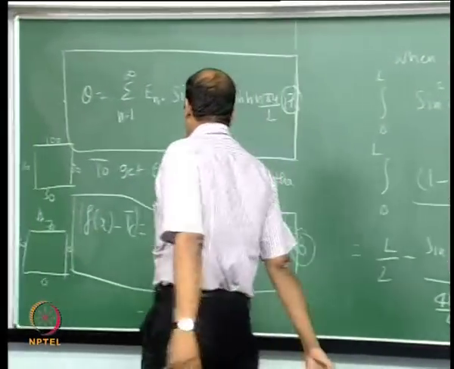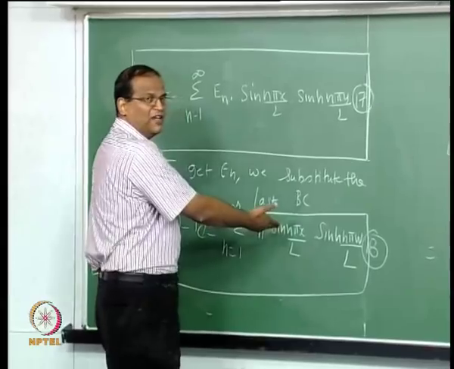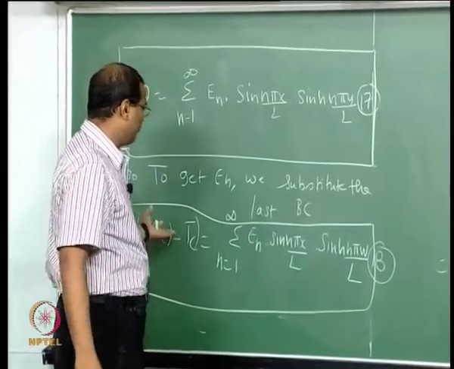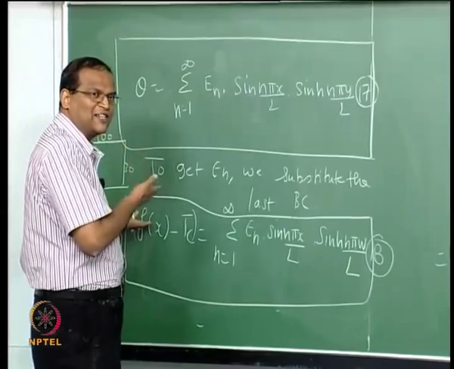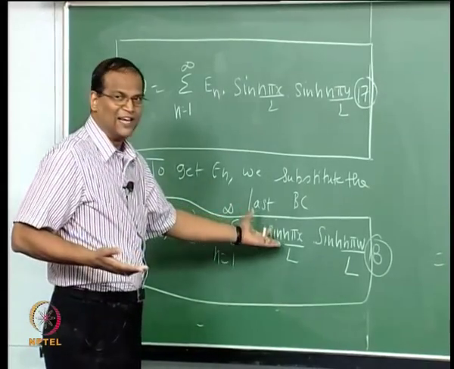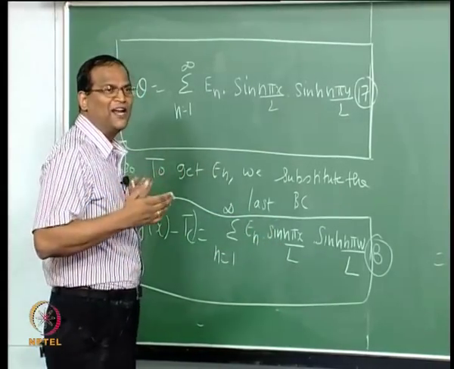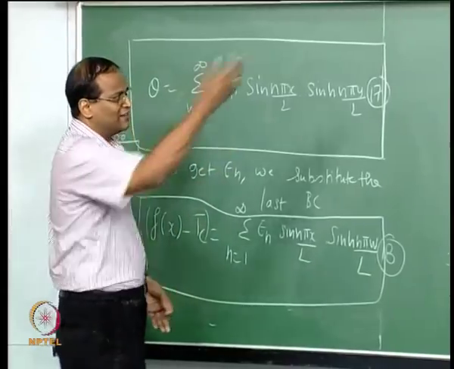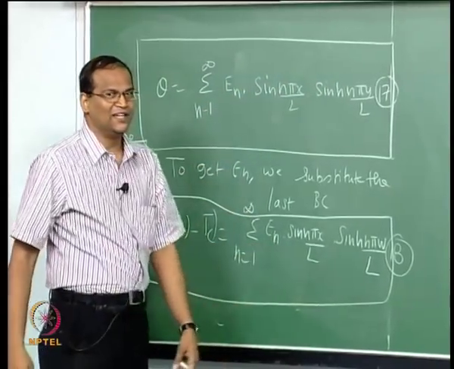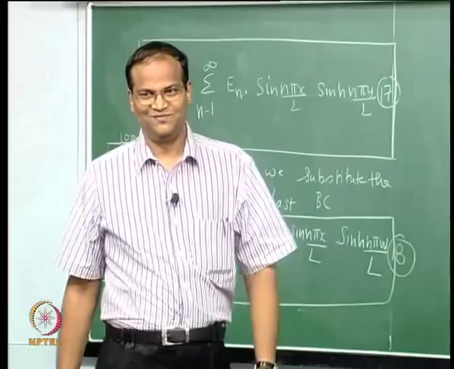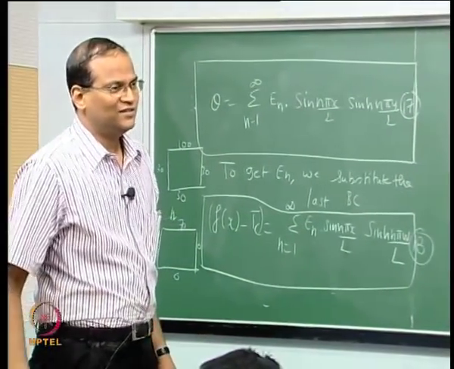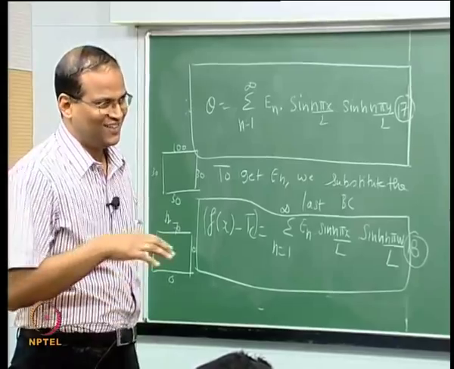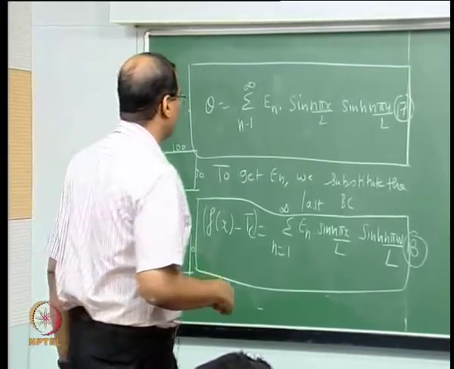Fortunately for us, sin n pi x by L is already appearing here and our f of x is also here. Therefore it is possible to express f of x as an infinite series using the sin n pi x by L and, comparing the left hand side and right hand side, Cn is nothing but the En. This is the way to solve this Laplace equation using the method of separation of variables.